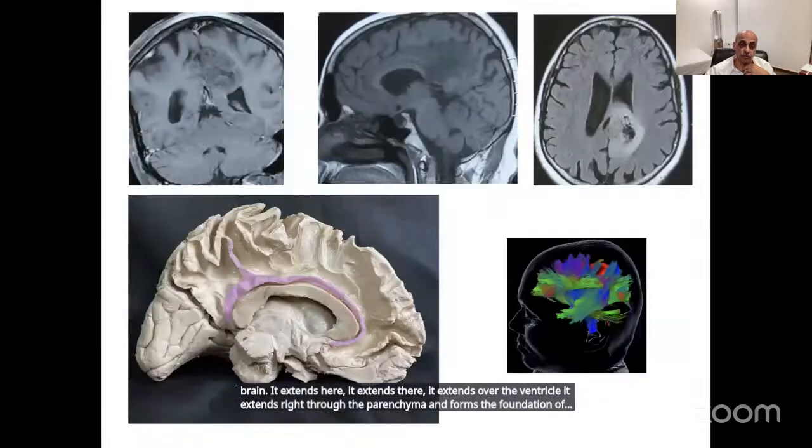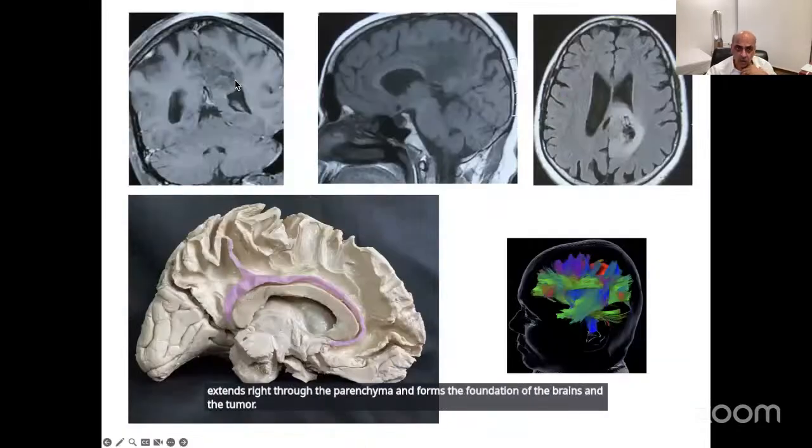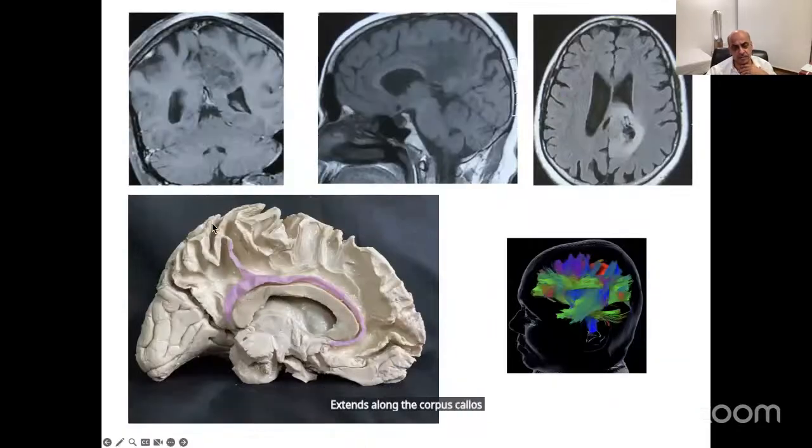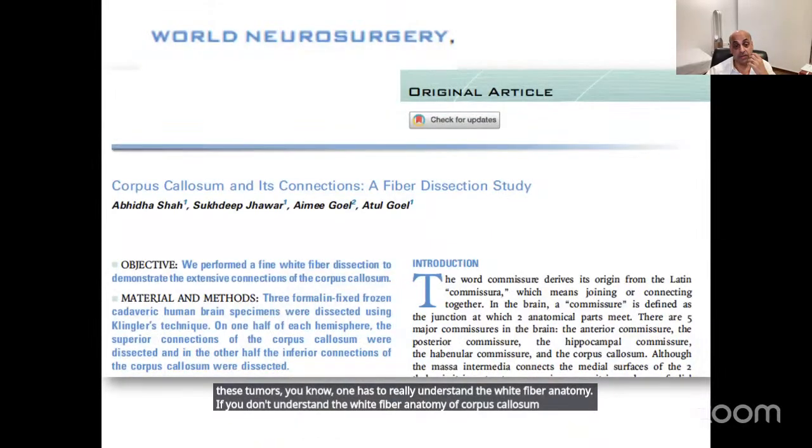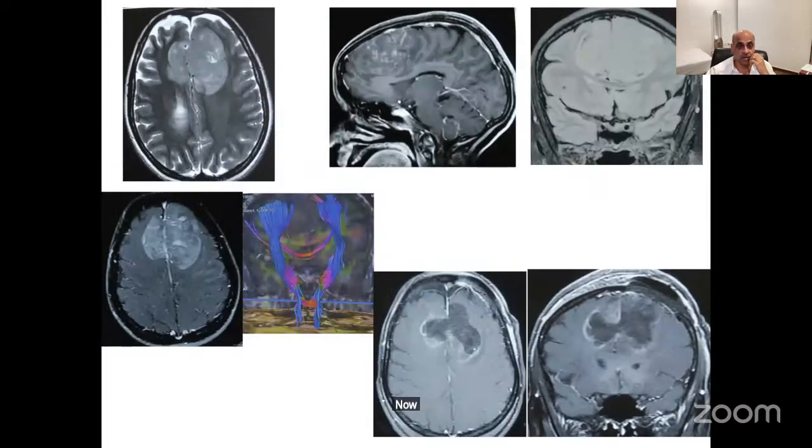And the tumor extends along the fibers of the corpus callosum. One has to really understand the white fiber anatomy. If you don't understand the white fiber anatomy of the corpus callosum, you will probably not be able to do this. This article from our group was one of the most fascinating articles on the subject, now a very highly cited article.